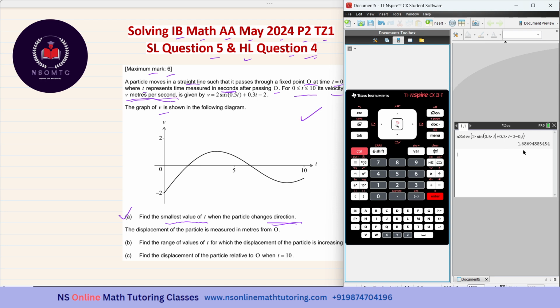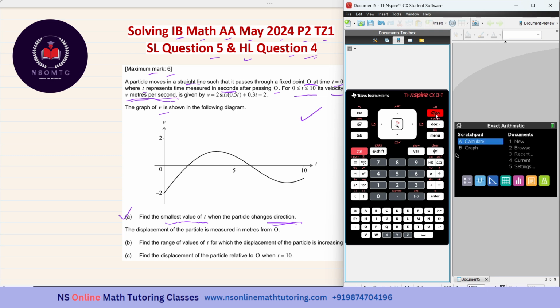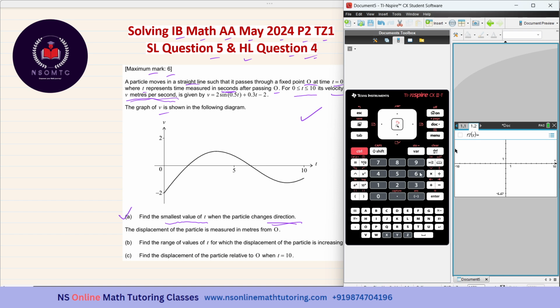If we use nSolve, it will be giving us the very first value. If you want to be sure that this is the first value, then you have to go to the graphs and graph this. So if we graph 2 sine 0.5 times x, for graph it should be x, plus 0.3 times x minus 2, and then I can find the 0.